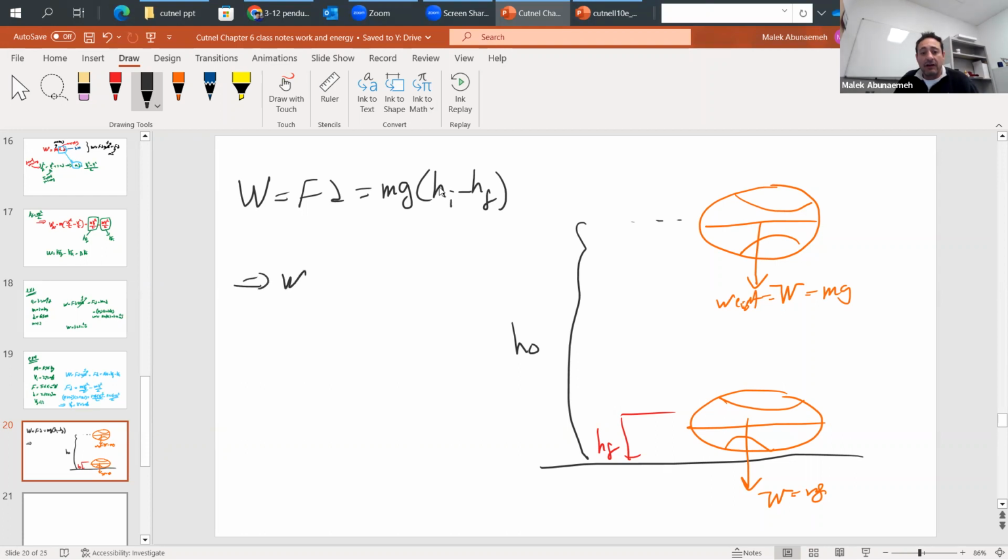So your work in this case is going to be mg h initial minus mg h final. And that's again what brings us to the definition of potential energy.